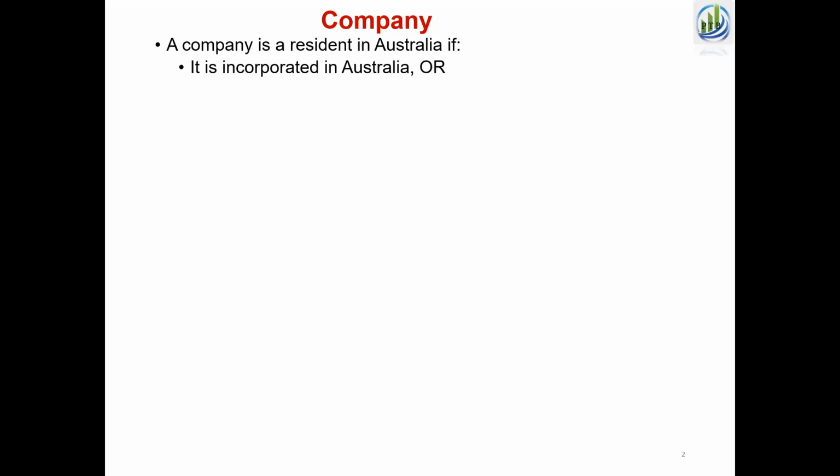In that case, that company is incorporated in Australia. Regardless of whether shareholders are resident or non-resident, regardless of whether directors are Australian residents or non-residents, if the company is incorporated in Australia, it is called a resident company.